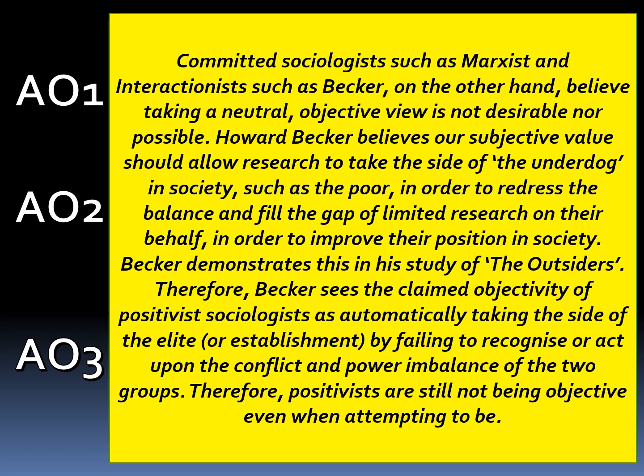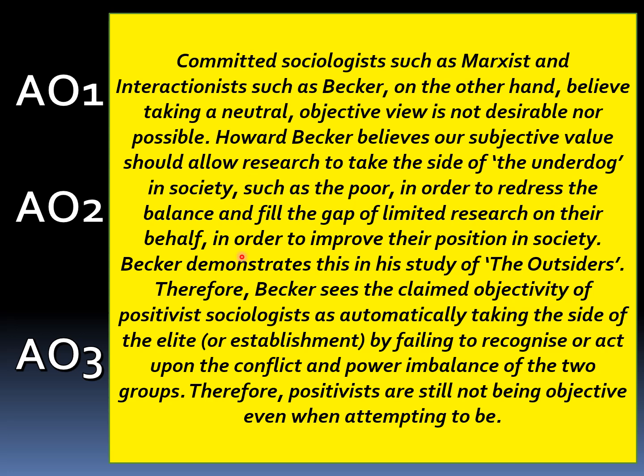The second paragraph starts with, committed sociologists such as Marxists and interactionists believe taking a neutral objective view is not desirable or possible, and that our subjective values should allow research to take the side of the underdog, and that's our AO1. And we explain it by using Becker's research. We need to research the poor in order to readdress the balance and fill the gap of that limited research on their behalf.